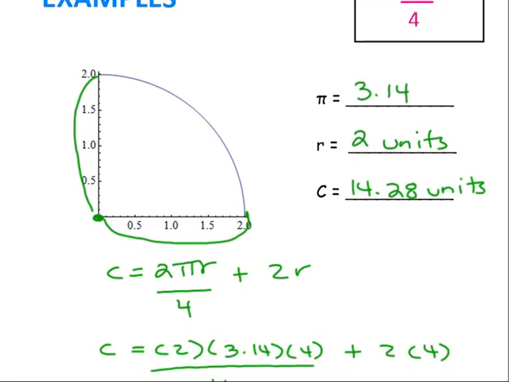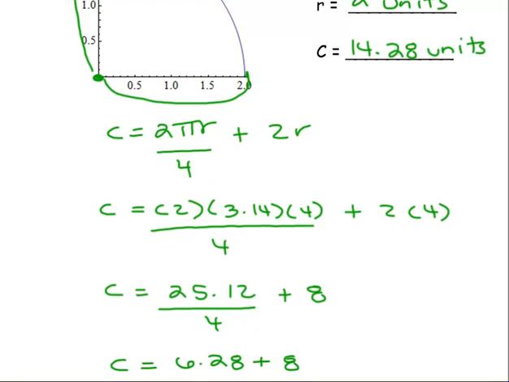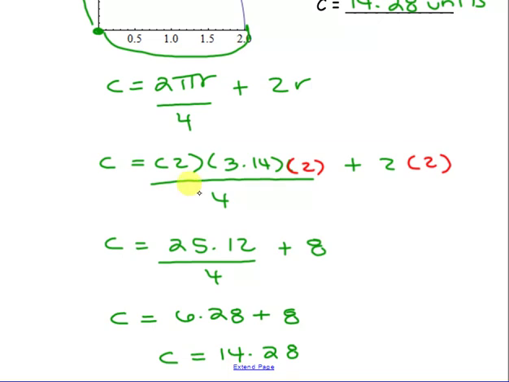Now, I think if I go back to this one here, I did make a mistake. Okay, so go back to the last one, and look what I did. I put in that the radius was 4, and it is not 4. It is 2. So we need to recalculate this one. All right, so 2 times 3.14 times 2 is 12.56.